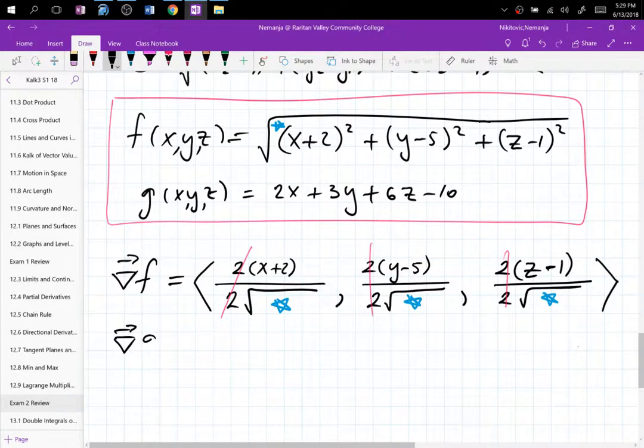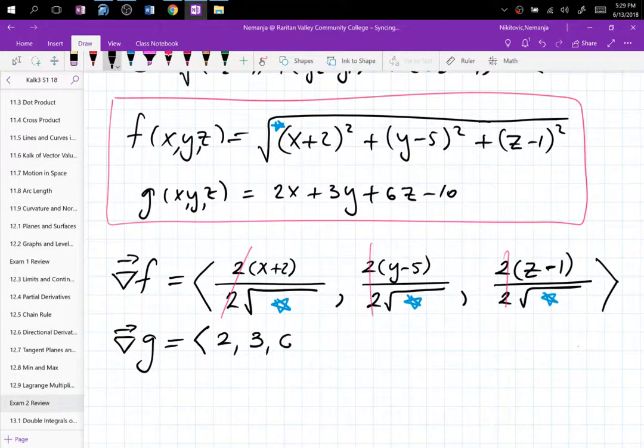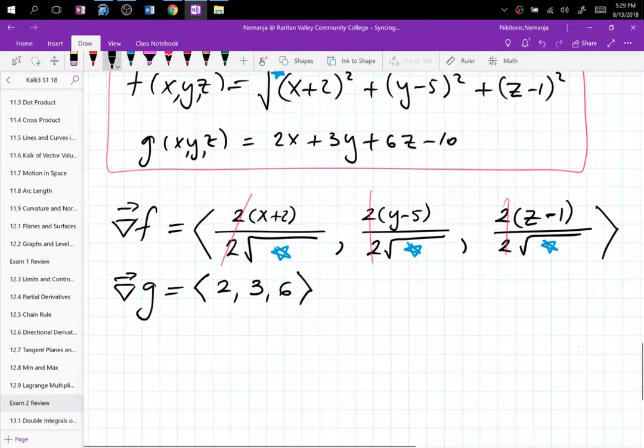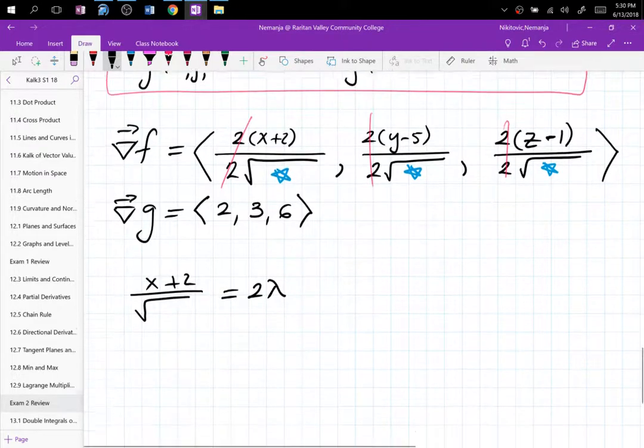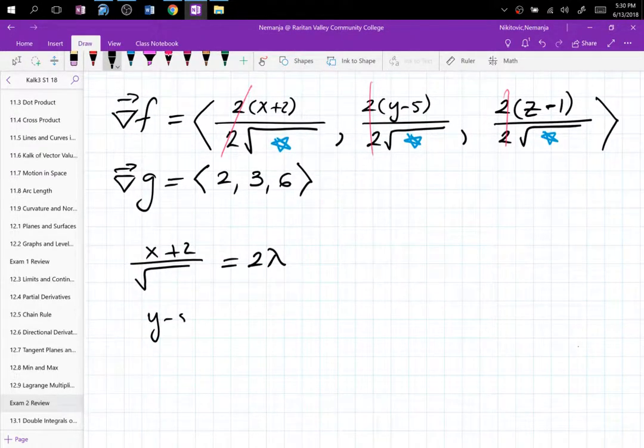Now we have a del g. That's 2, 3, 6. Nice. So what do I have? I have my equations as: x plus 2 divided by the square root is equal to 2 lambda. y minus 5 divided by the square root of the whole mess is equal to 3 lambda.